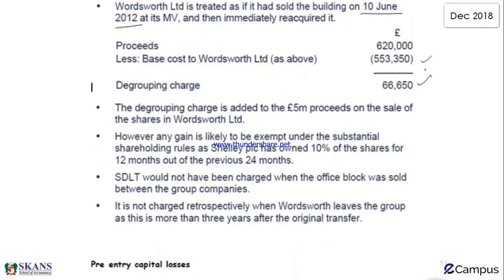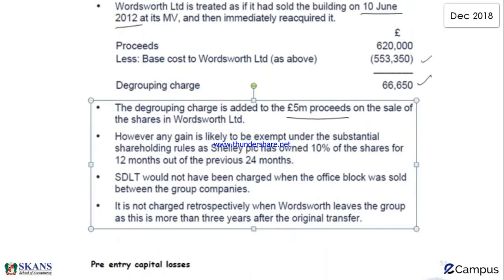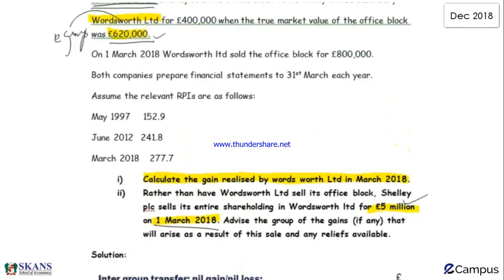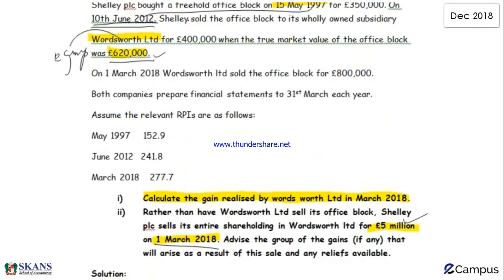Now this degrouping charge is to be added into the proceeds of 5 million on the sale of shares in Wordsworth Limited. Well, right now it would not impact much on Chalet PLC. Why? Because the substantial shareholding exemption would apply. Why would it apply?